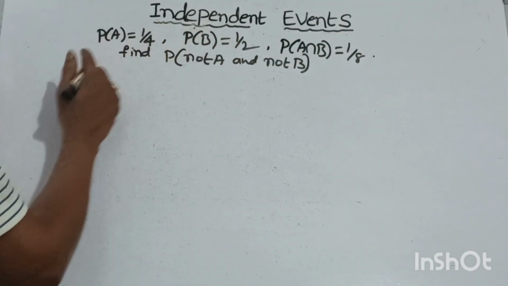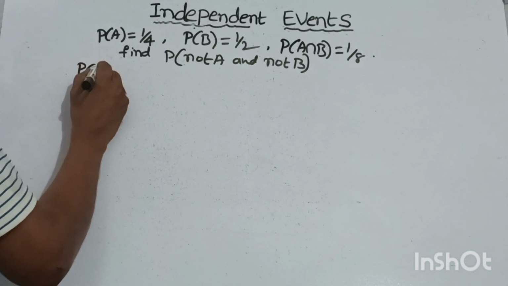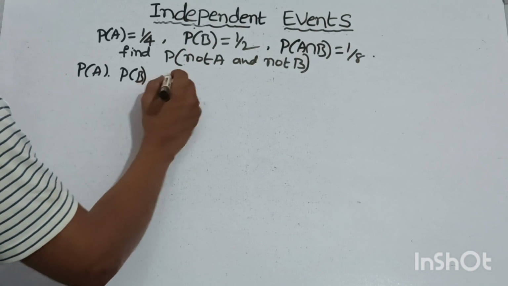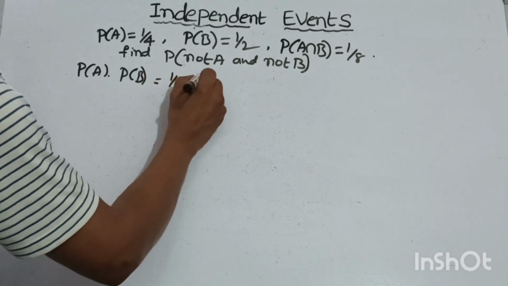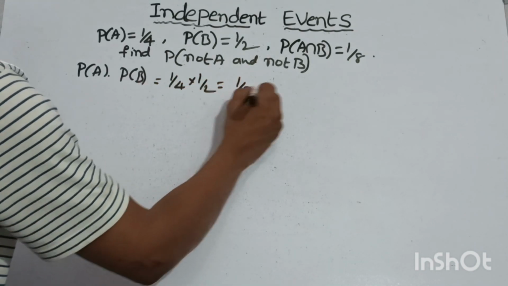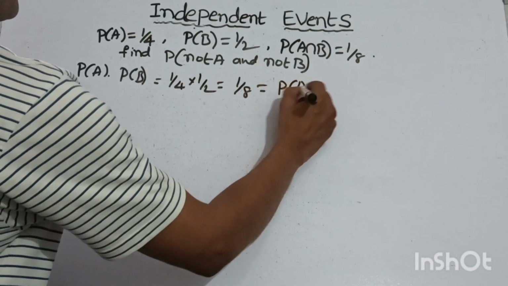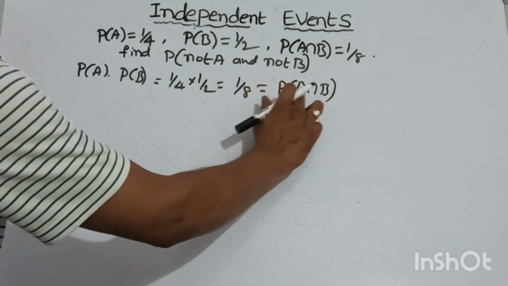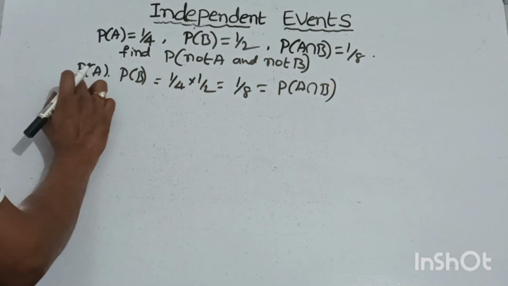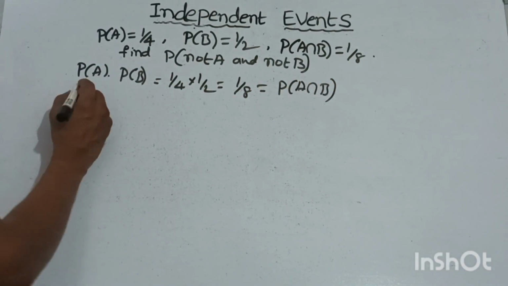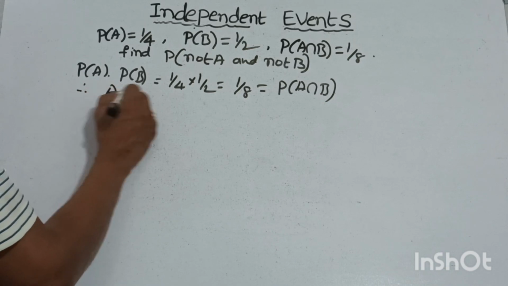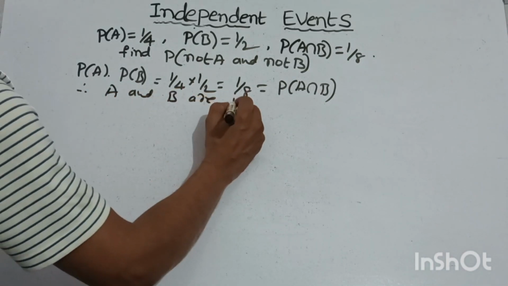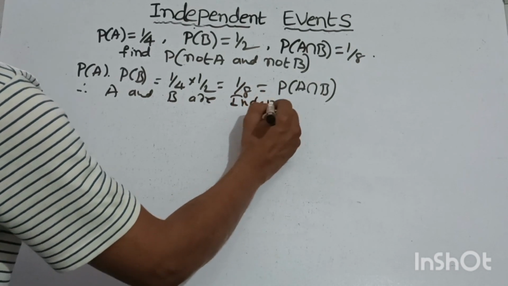The product of probability of A into probability of B: multiply these two, 1 by 4 into 1 by 2, this is 1 by 8, which is equal to probability of A intersection B. Therefore, probability of A intersection B is equal to probability of A into probability of B. Therefore, A and B are independent events.